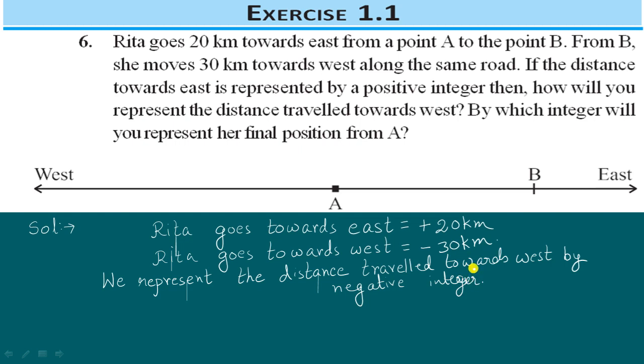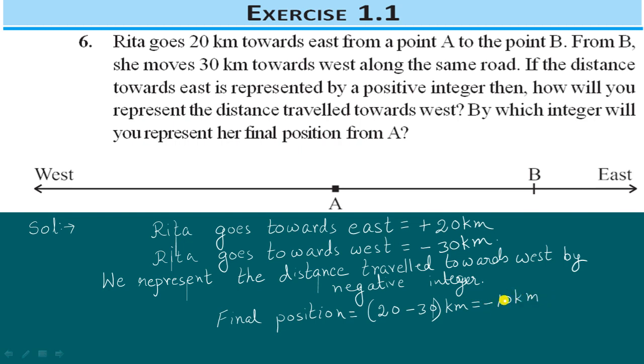By which integer will you represent her final position from A? Final position is equal to 20 minus 30 km, and that can be represented as minus 10 km.